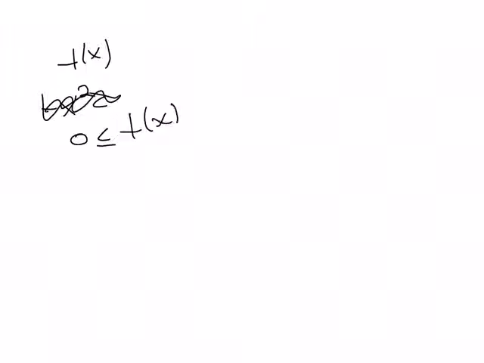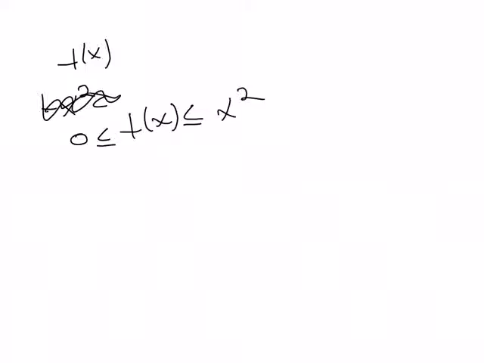So we can take our f of x and squeeze it by the following: 0 is always less than or equal to f of x, which is always less than or equal to x squared.